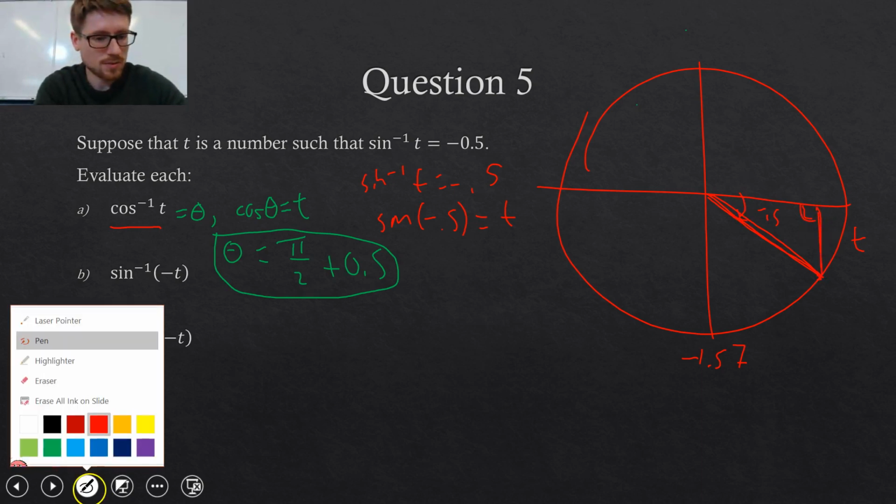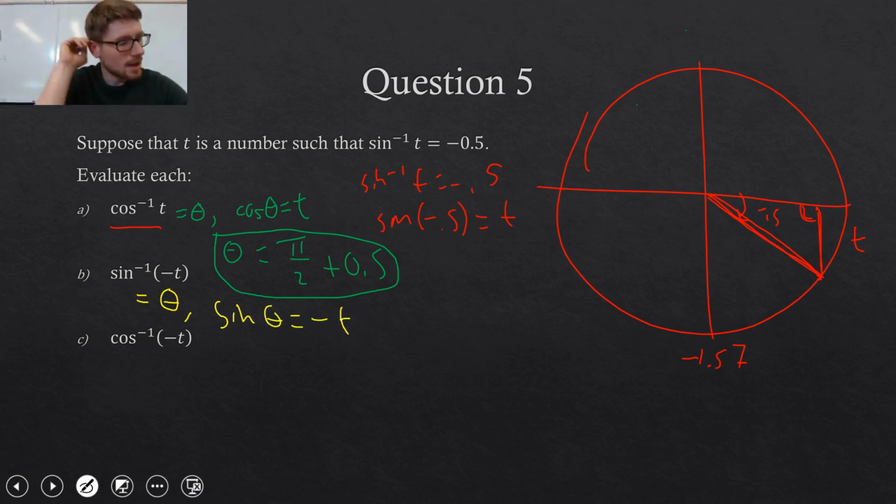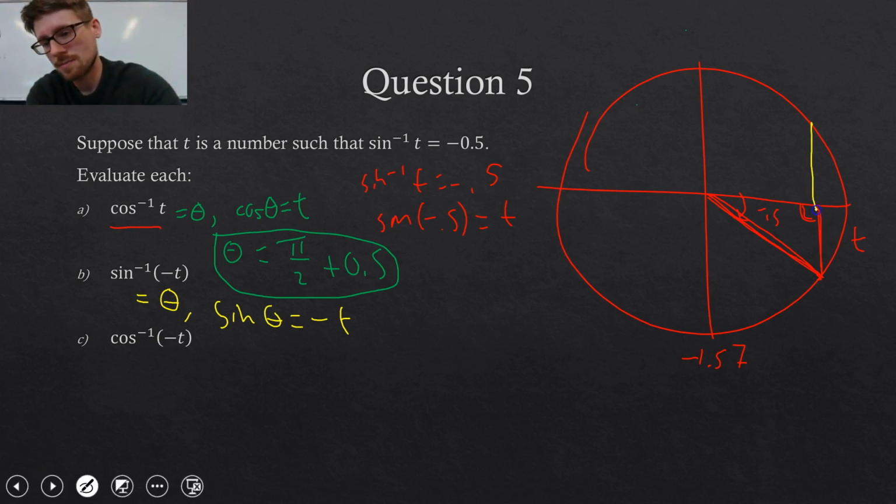So next up, we're going to find sine inverse of negative t. Again, this is equal to an angle where the sine of that angle is negative t. And so it's going to be another angle than the one we see here that's negative 0.5. So now we want the sine to be negative t. So again, t is negative already. So if we flip the sine of t to be negative t, then we have a positive t.